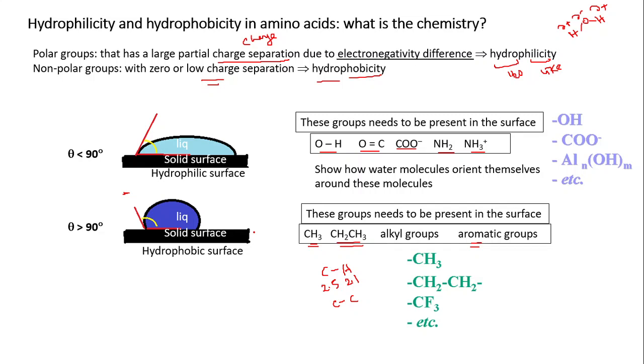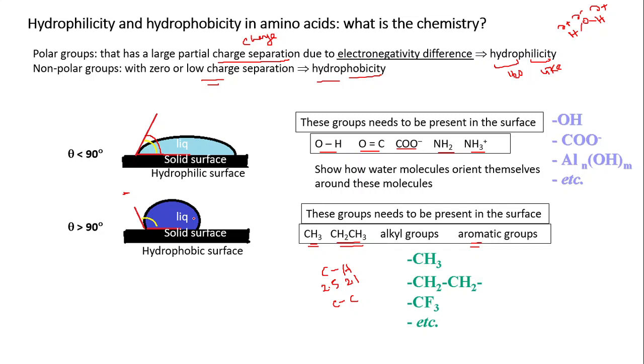What is the manifestation of that? If you draw a contact angle, a tangent of the water surface on the solid surface, this angle for a hydrophilic surface would be less than 90 degrees.